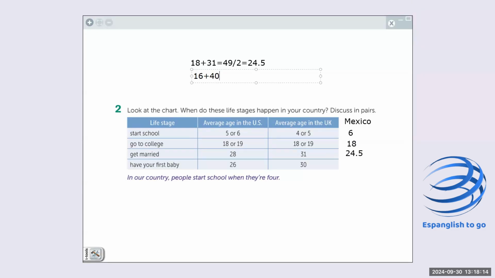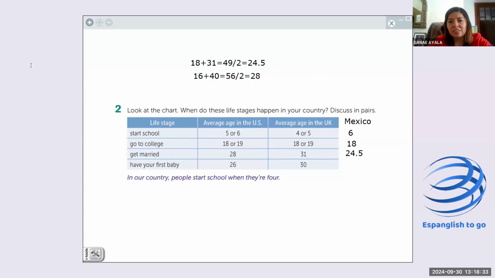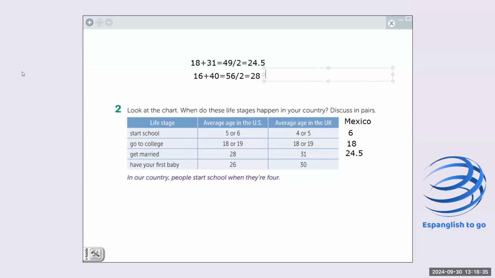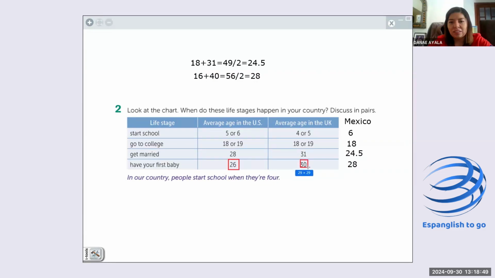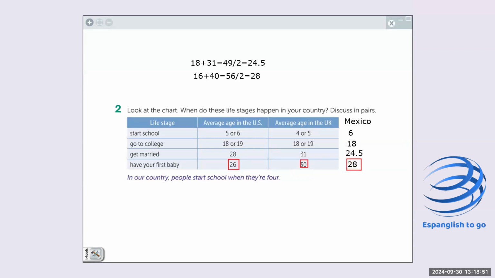Maybe 40 is the oldest. So 16 plus 40 is 56, divided by 2 is 28. So maybe the average is 28. We have 26 in the US, 30 in the United Kingdom, and in the middle, Mexico with 28.